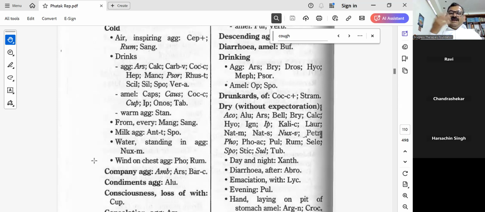If they get the cold wind on the chest and that cough is aggravated, the cause of the cough is due to cold wind on their chest. Face and chest are the same only. When you peep outside the window, it ultimately reaches the chest also. So the wonderful remedies are phosphorus and Rumex.